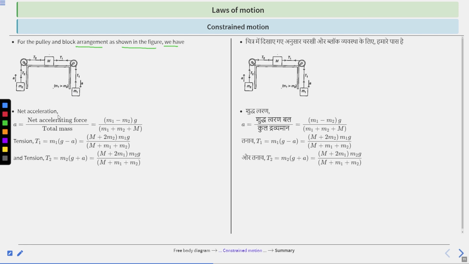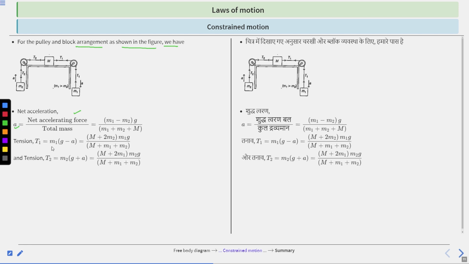So net acceleration A equals net accelerating force divided by total mass. The net accelerating force we have calculated from this diagram, which is (m1 minus m2) multiplied by g divided by (m1 plus m2 plus M), adding all the total mass. So this is the net acceleration.